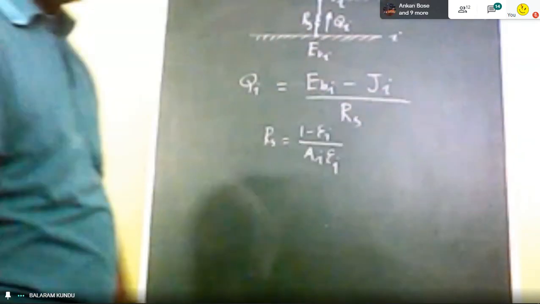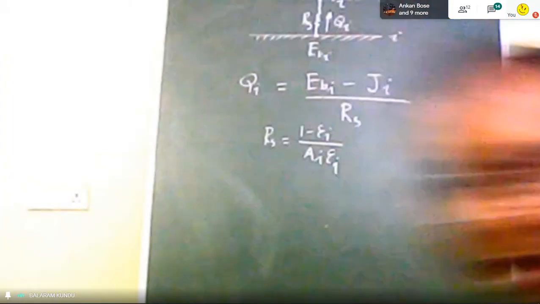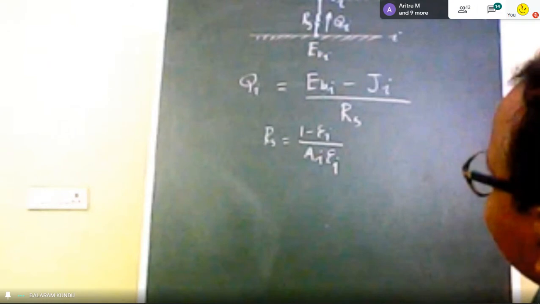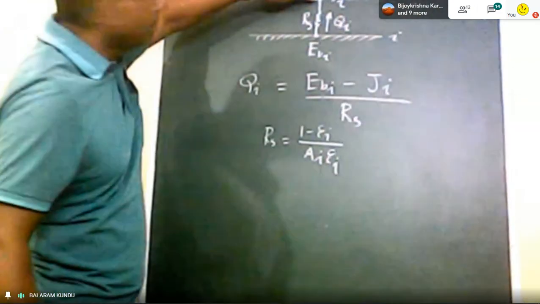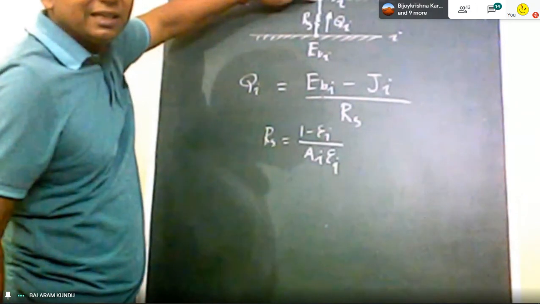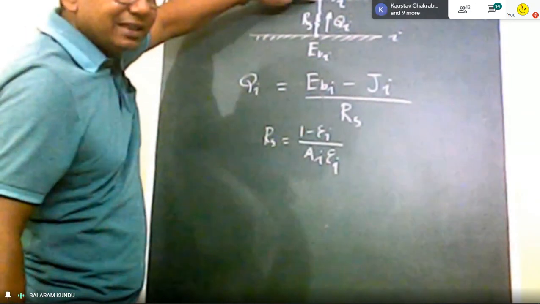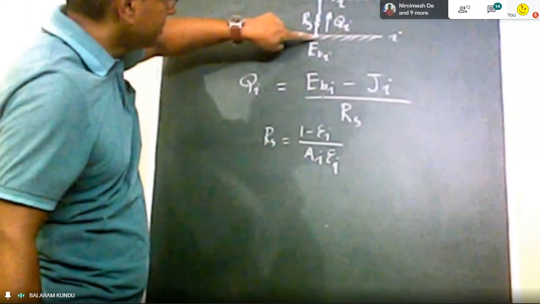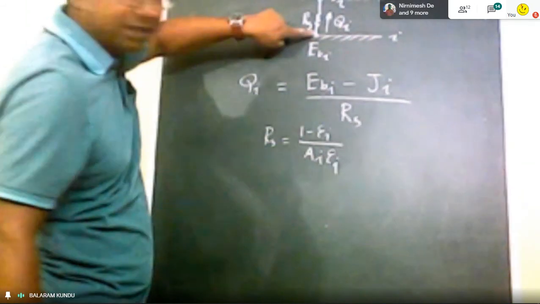Ji is a hypothetical point. On the surface, Ebi is there.